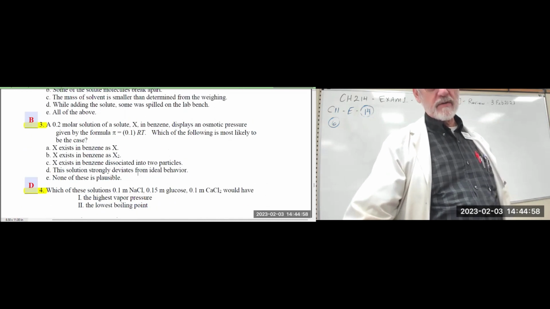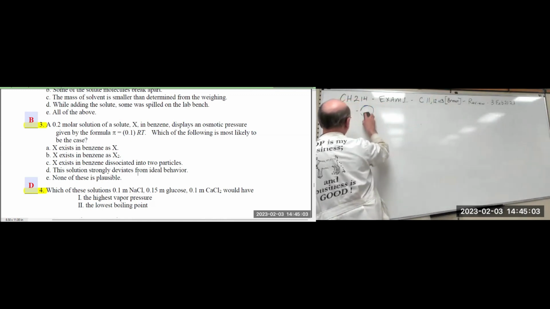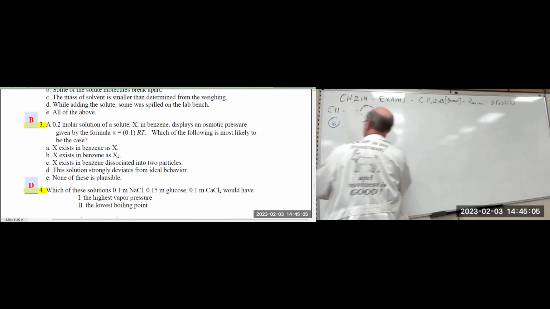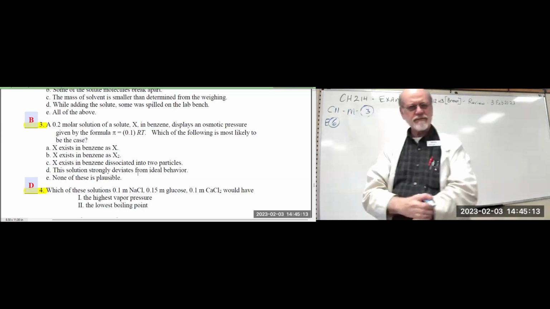Moderate, here we go, here's a moderate. Moderate 3. Oh, I guess I should mark this one so I can find it. It's E6. Moderate 3. I've only got 15 minutes.